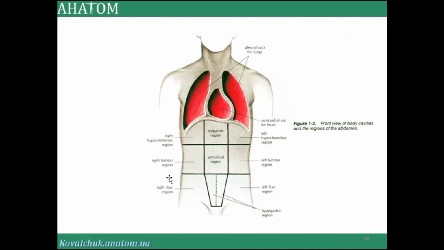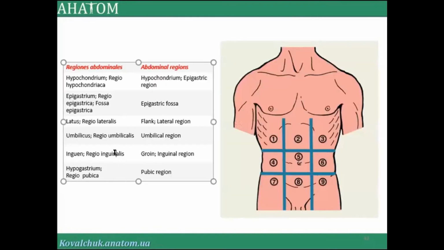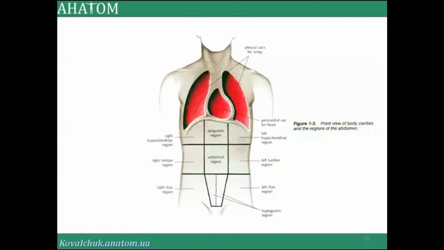Hypogastrium together, it's the hypogastrium. It's not iliac. It's the inguinal region. Inguinalis, inguinal region here, 7 and 9, inguinal right and inguinal left, and here not hypogastric. In the hypogastric, this is the pubic region, because the pubis bone is located here. Okay.